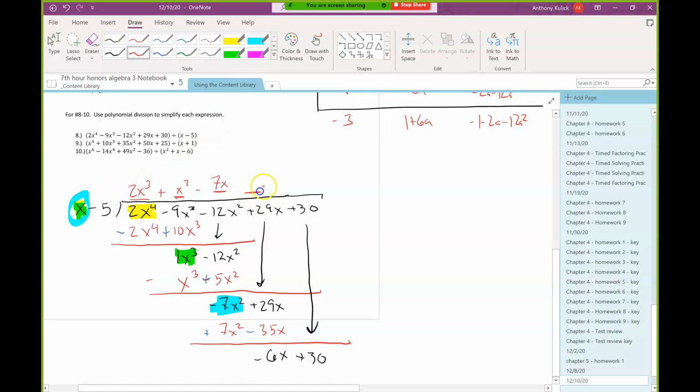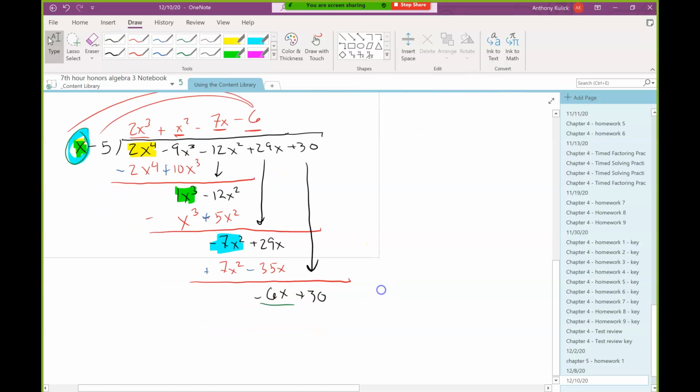And then my last question here is, how many times does x go into negative 6x? Well, that's just negative 6. So I'll multiply to both pieces. And then subtract down. Distributing through the negative. Negative of the negative is positive.